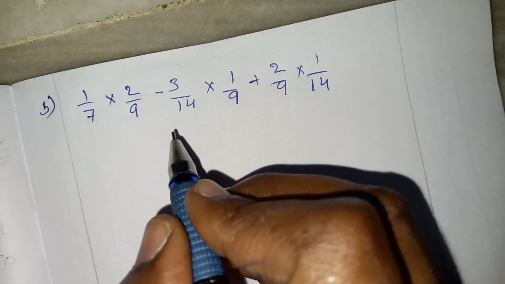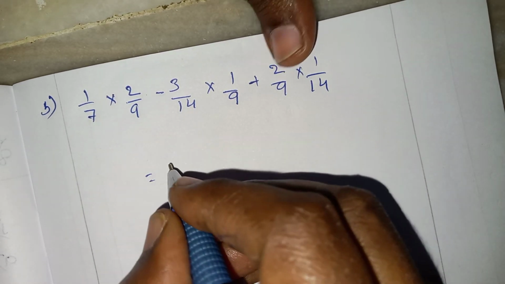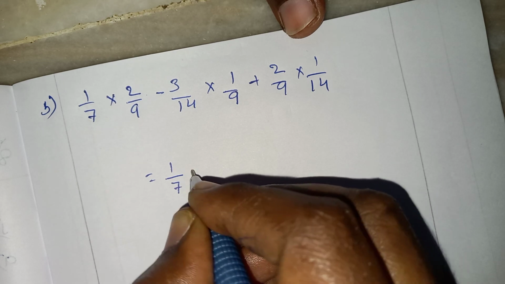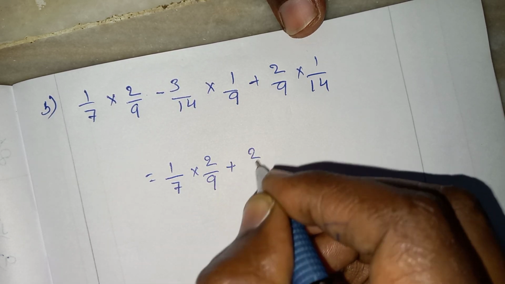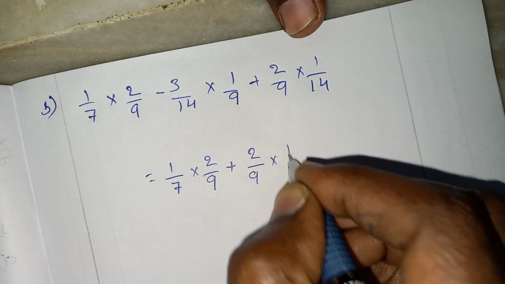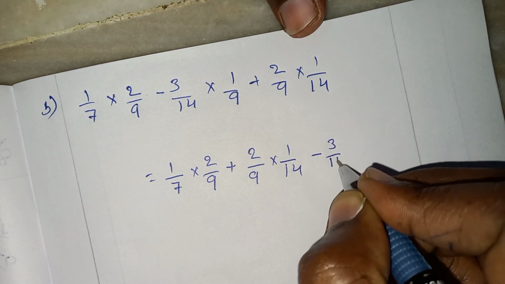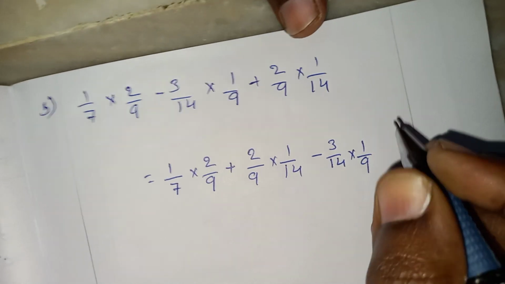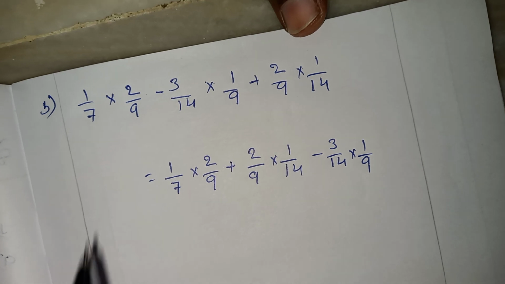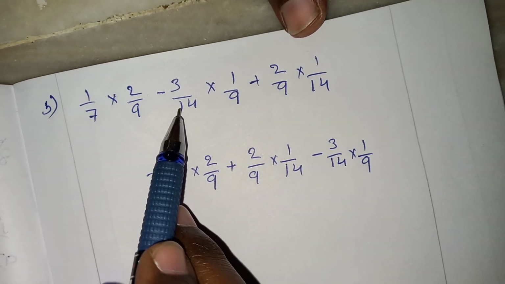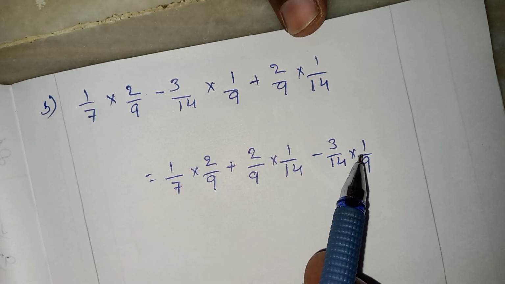Here also keep positive signs on one side, negative signs on another side. 1 by 7 into 2 by 9 plus 2 by 9 into 1 by 14 minus 3 by 14 into 1 by 9. Students, you may get a doubt here. Madam, minus 3 by 14 is a negative number, why are you shifting 1 by 9 to the other side?